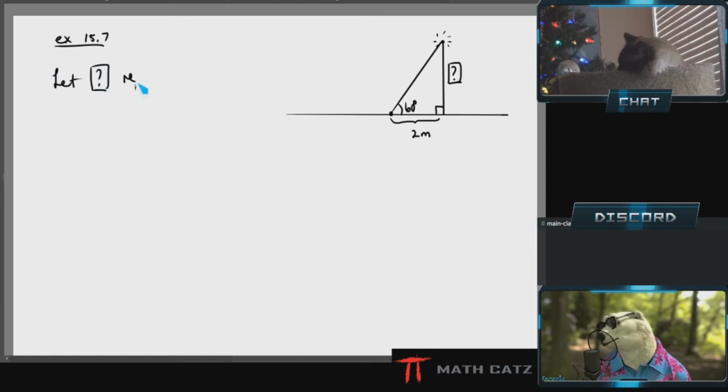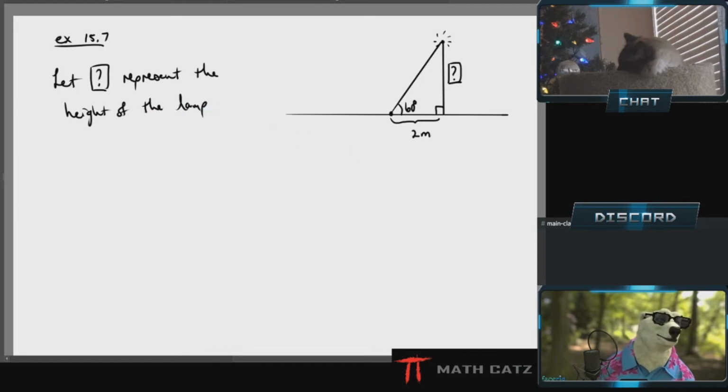But I have to start by saying what the unknown and the symbol that I choose mean. Let the question mark in a box represent the height of the lamppost. Is lamppost one word or two?